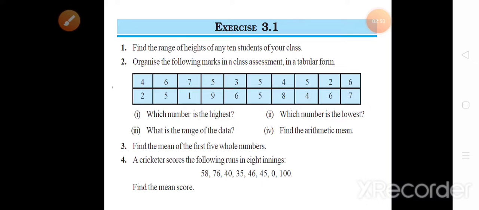In case you find any difficulty in understanding the topic that I have explained, or in doing any of these sums, then you can always contact me. And yes, if you have any doubt, you can ask even after completely watching this whole video. So I believe all of you are going to watch it attentively. It is quite a long video, but it is very, very important.